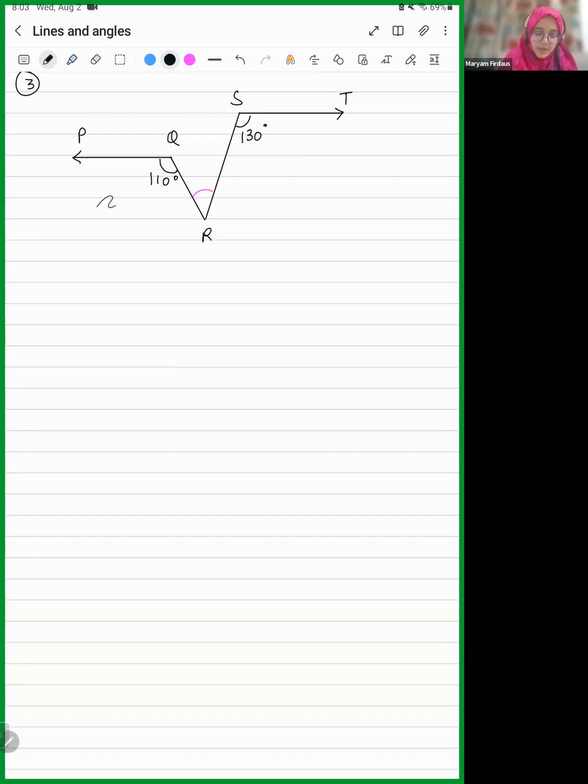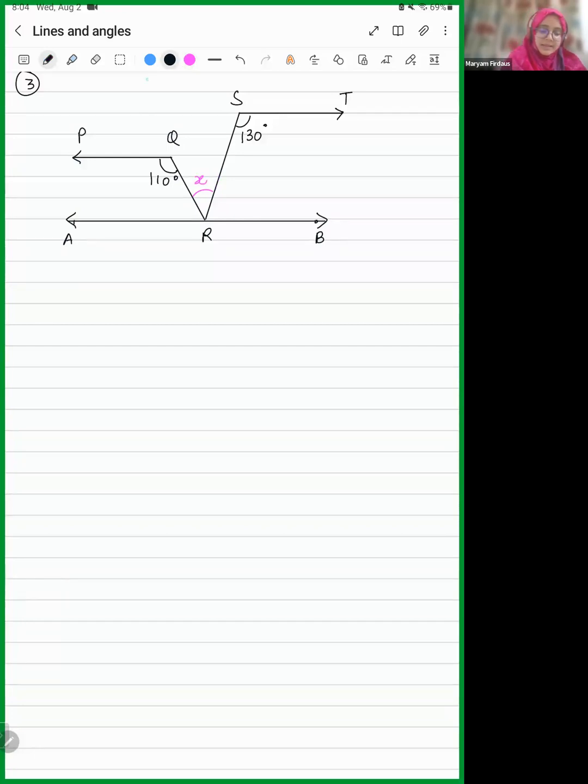Draw a line which is parallel to both of these through R. Okay, so we have a parallel line over here. Let's call it AB. This line is AB. Now, this angle that we have over here, let's call it X.